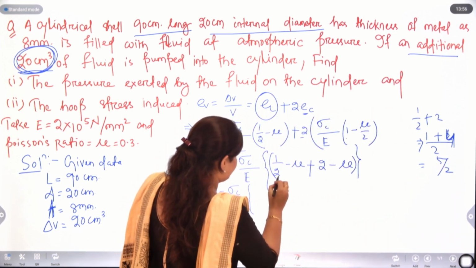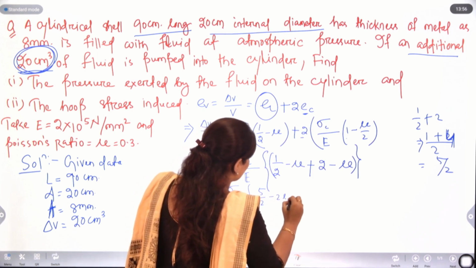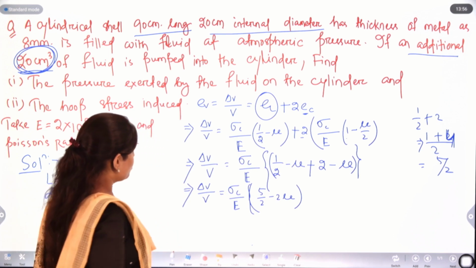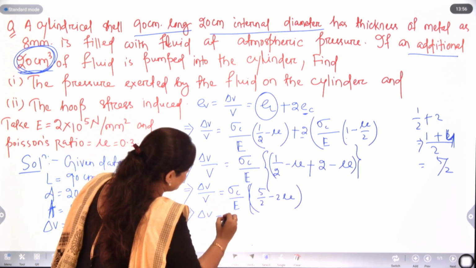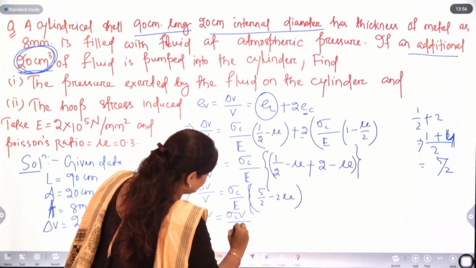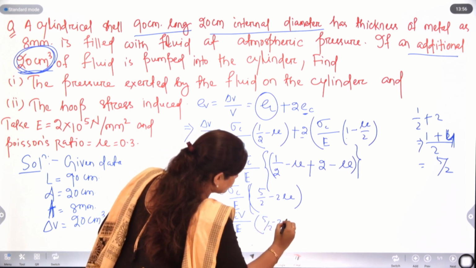So, it will be 5 by 2 minus 2 mu. Right. We can write that del V equals sigma C into V upon E into 5/2 minus 2 mu.